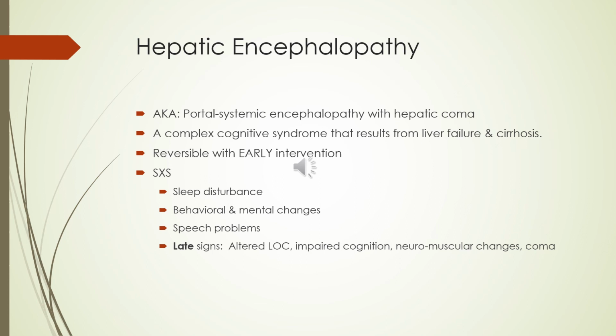Our signs and symptoms would be sleep disturbances, behavioral and mental changes, and speech problems. A late sign would include alteration in level of consciousness, impaired cognition, neuromuscular changes, and coma. Sometimes you might notice what they call liver breath, a musty, sweet odor to the breath, that's not listed on here.